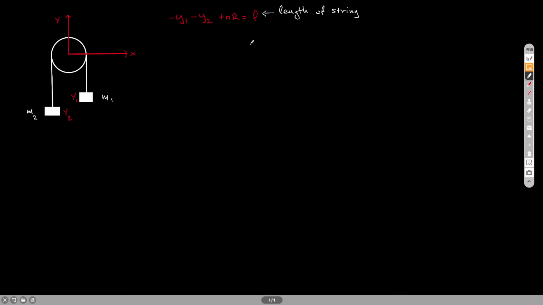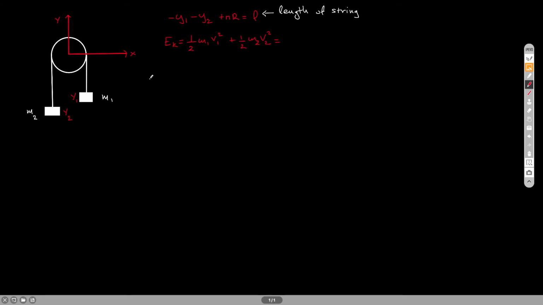We will use it. Now, moving on, I need to find the kinetic energy of the system, and in this case, the system will include mass 1 and mass 2. So I have 1/2 m1 v1 squared plus 1/2 m2 v2 squared.